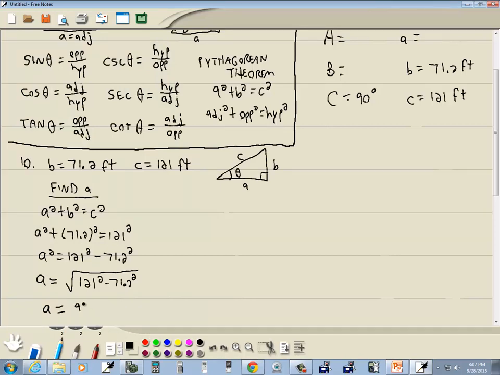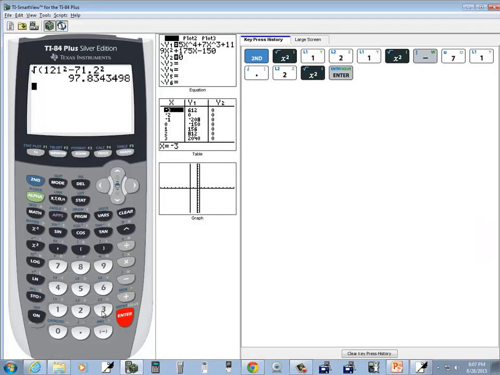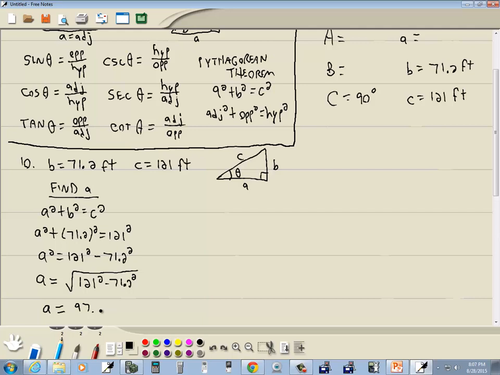And that gives us 97.834. And what are we dealing with? Feet. I didn't keep the units of measure throughout there, but we knew what the unit of measure was going to be. So this would be 97.834 feet.